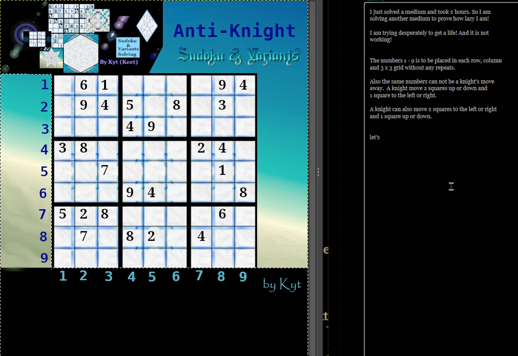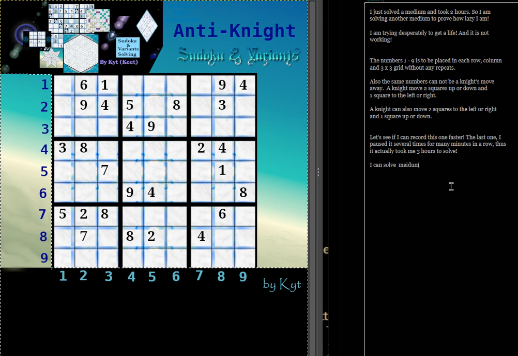Now let's see if I can record this one faster. The last one, I paused it several times for many minutes in a row. Thus, it actually took me 3 hours. 3 hours to solve. I can solve mediums way faster than that, even on a bad day.